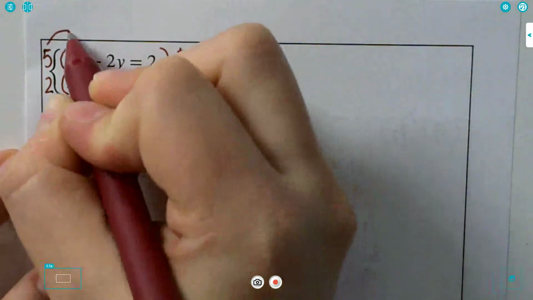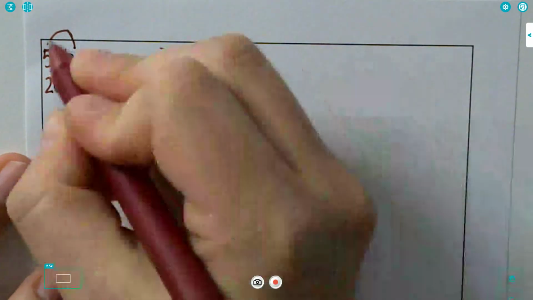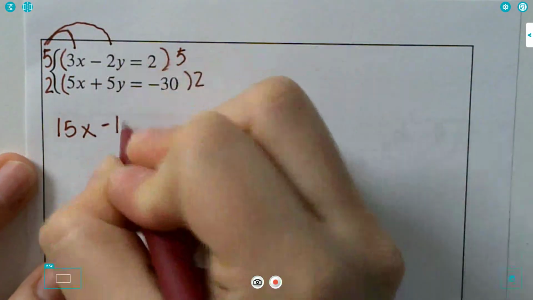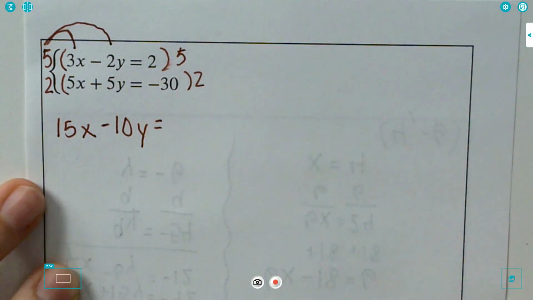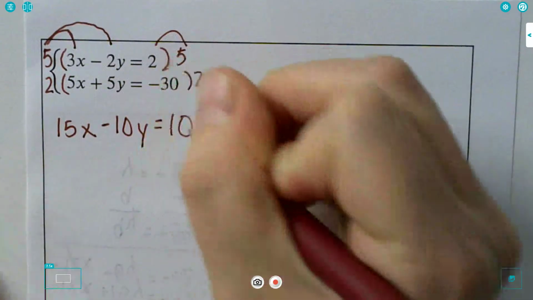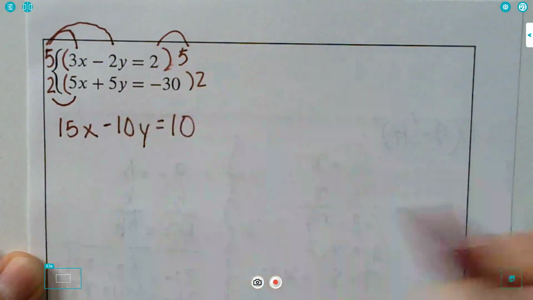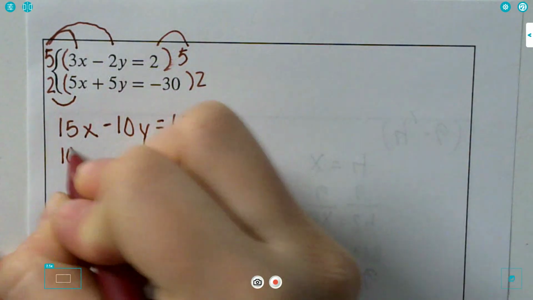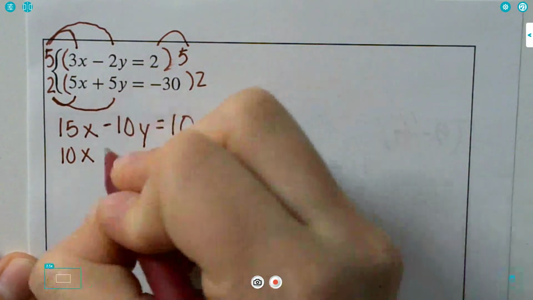5 times 3 is 15x. 5 times -2 is -10y. And then 2 times 5 is 10. Bottom equation, 2 times 5x is 10x. 2 times 5y is 10y.